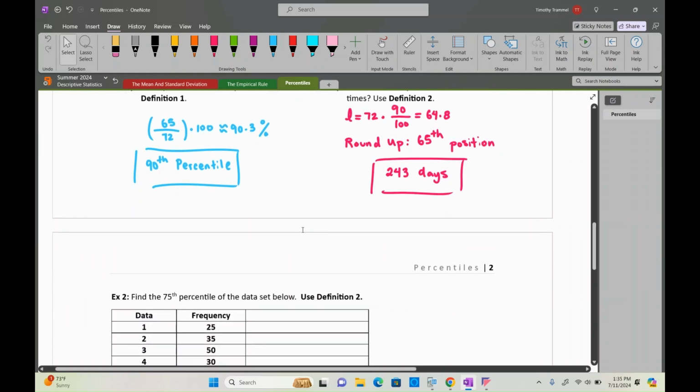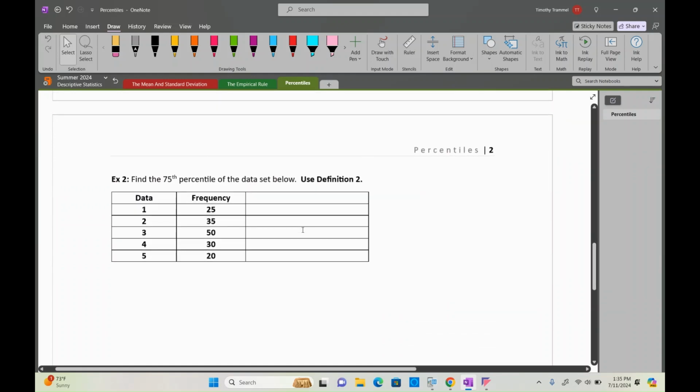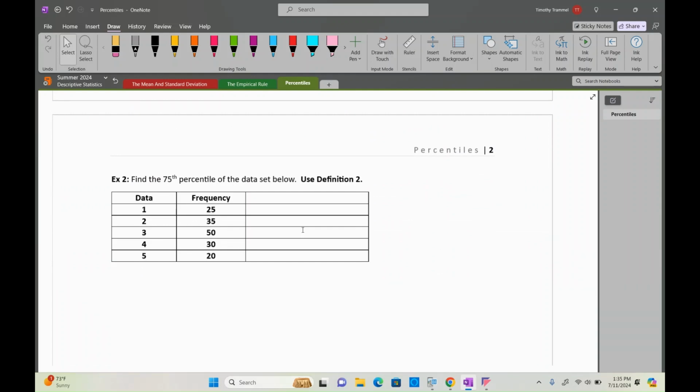All right, so let's go ahead and move down here. This time we're trying to find the 75th percentile when our data has been given to us in a frequency table. Now, usually we're not going to have a third column here, but I knew that I was going to want to find something that we'll call the cumulative frequency.